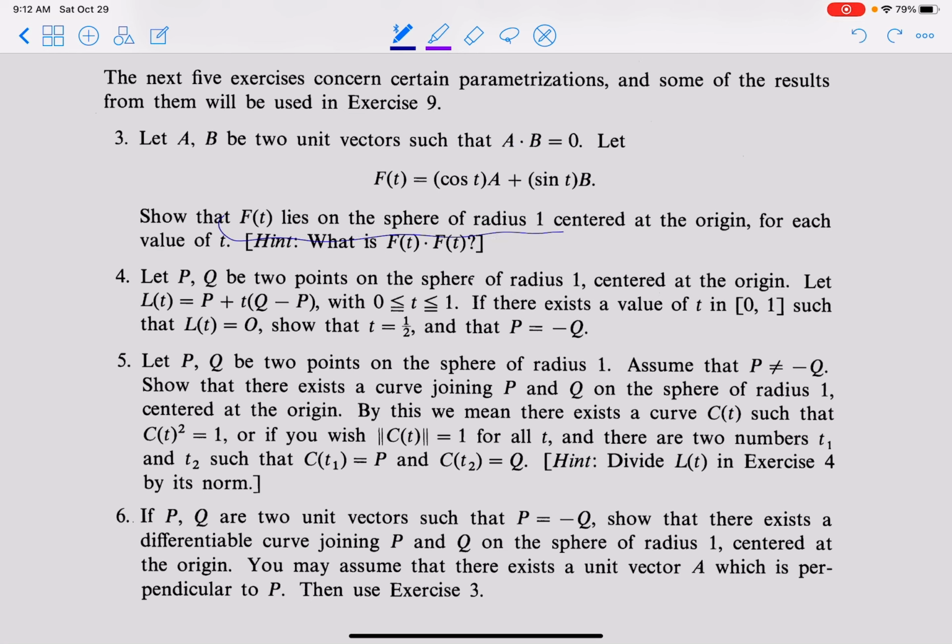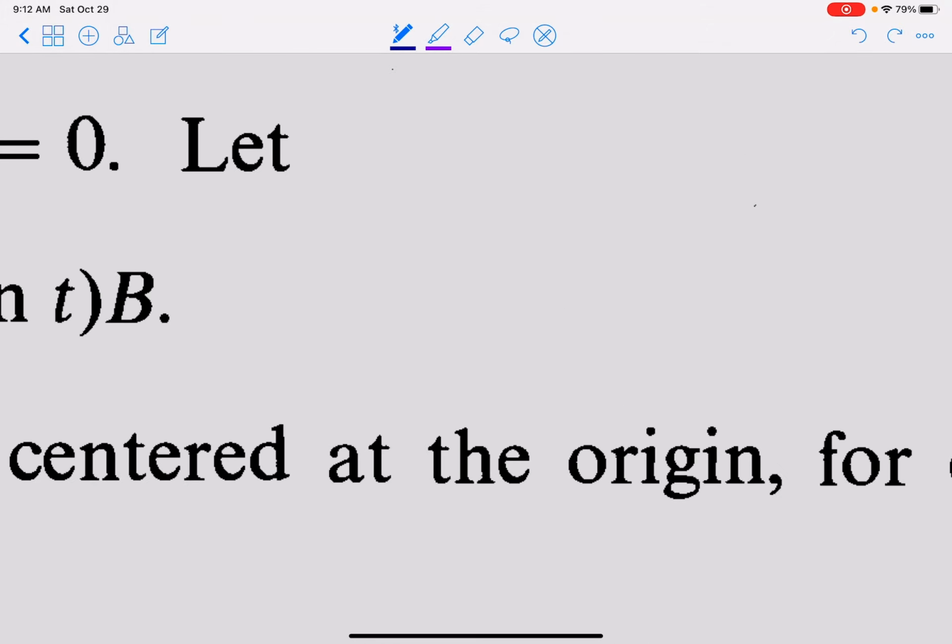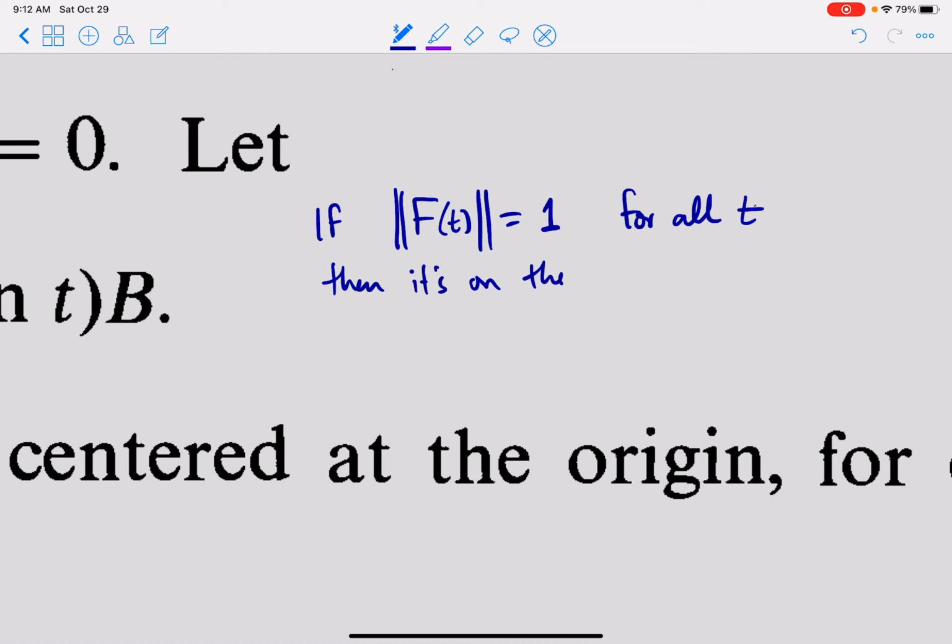Let's check that it lies on the sphere of radius 1. So if the length of f of t is equal to 1 for all t, then it's on the sphere. Okay, so now the length squared is equal to 1 squared, which is 1.